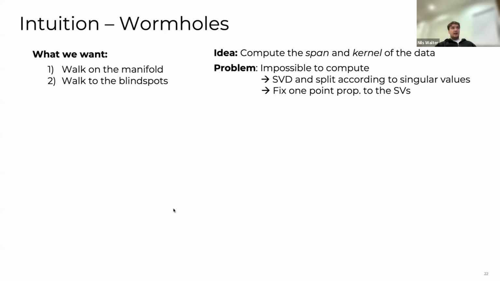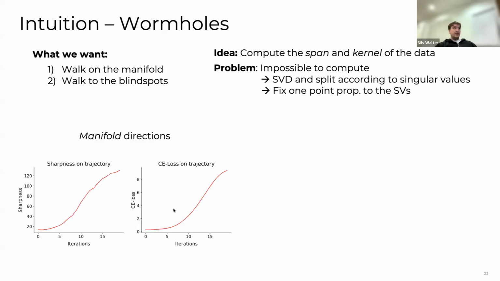Here I'm not plotting the infinity distance, but rather just the iterations of the interpolation. These are what we call for now manifold directions. And what you see is that as the iterations progress, the sharpness just goes nicely up.